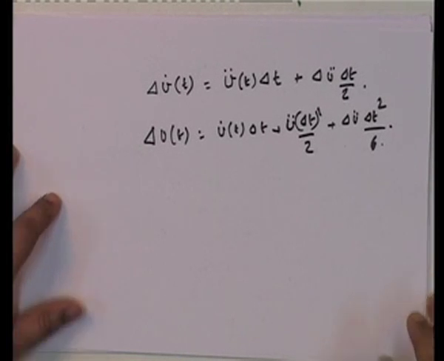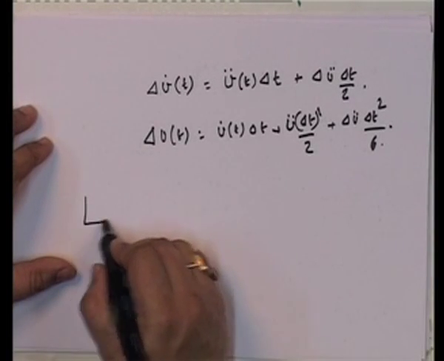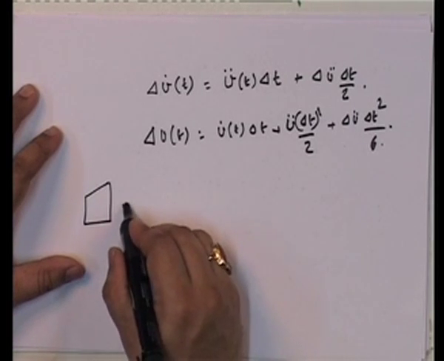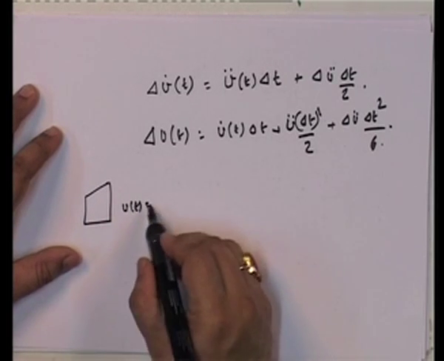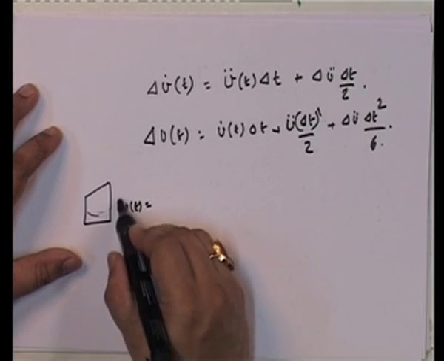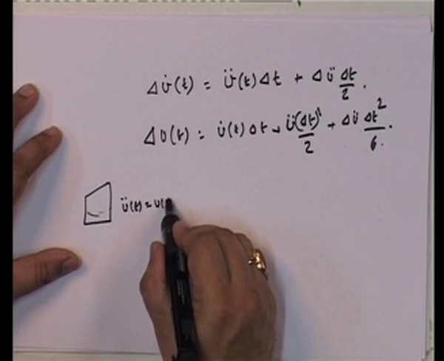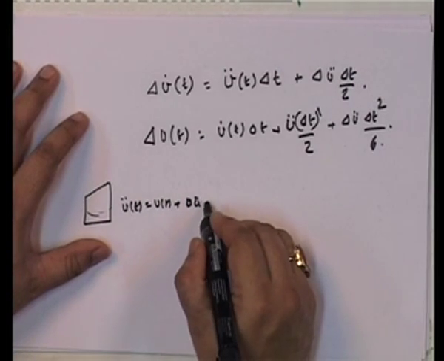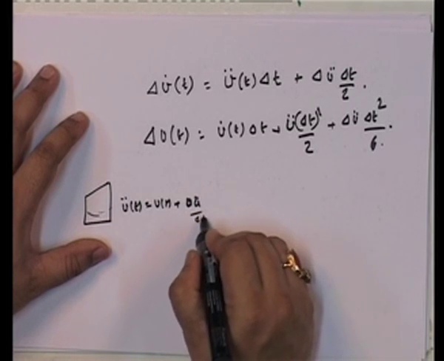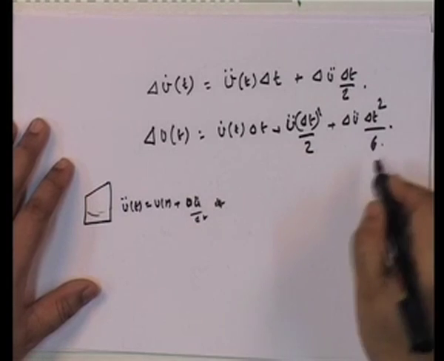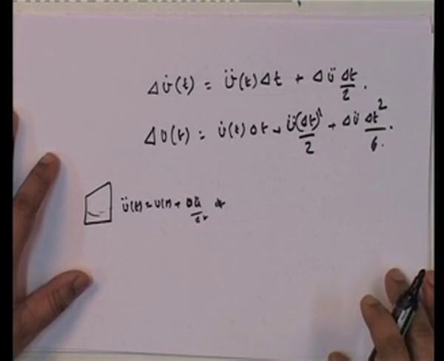Okay. What we are saying is, linear acceleration means v double dot is a function of delta v double dot upon delta t. Once you do that, that is how you get these two functions. Okay.